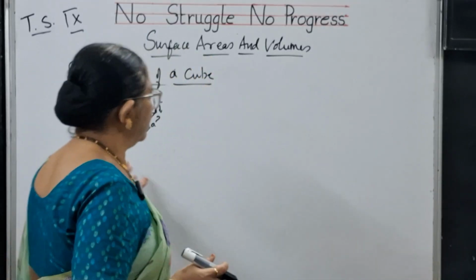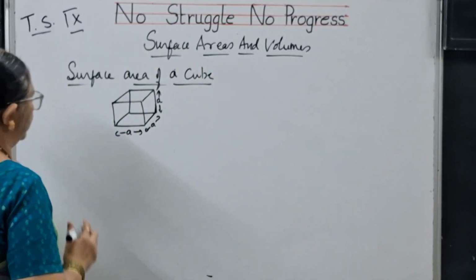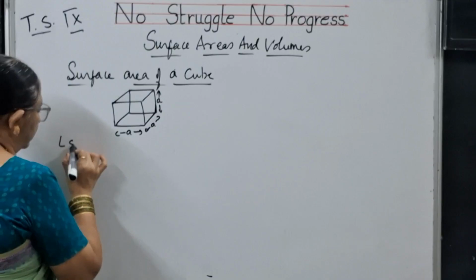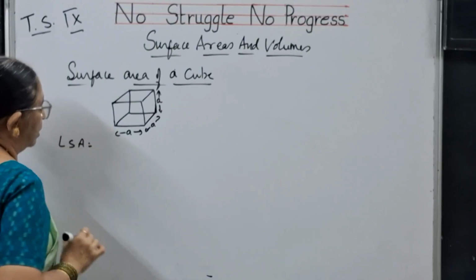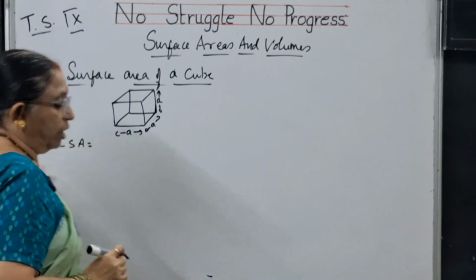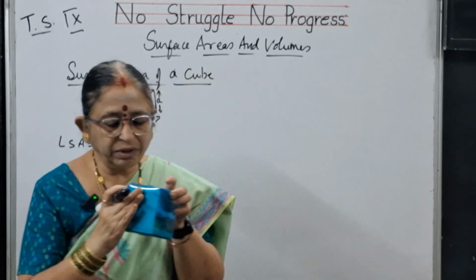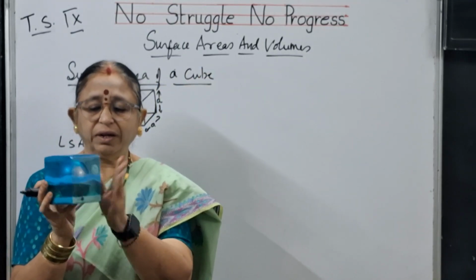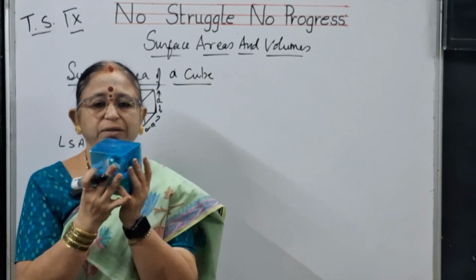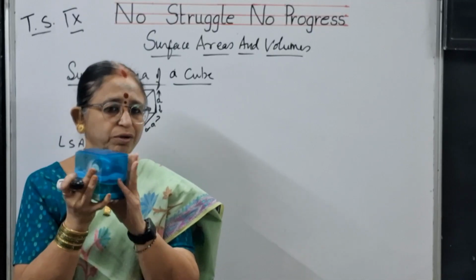In this cube, just like how we have done in cuboid, we have to talk about lateral surface area. Lateral surface area means we have to talk about the area of these four sides.